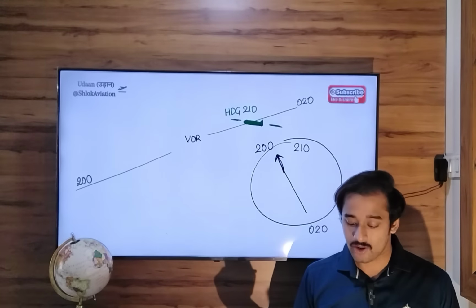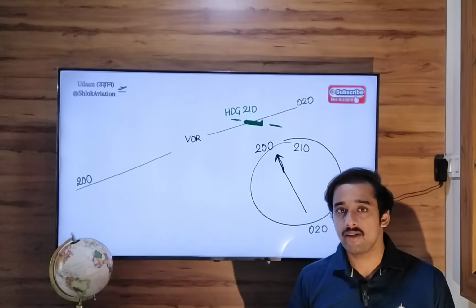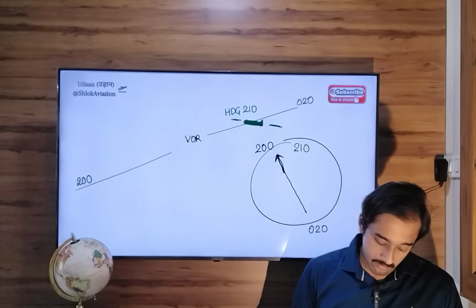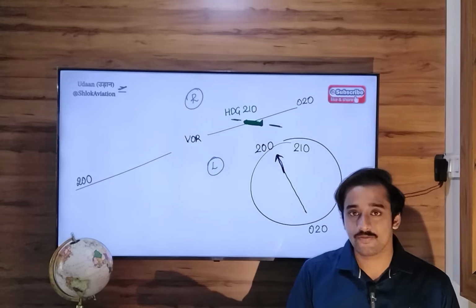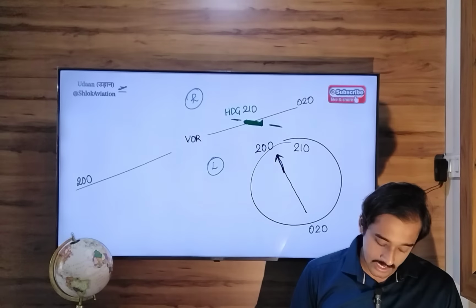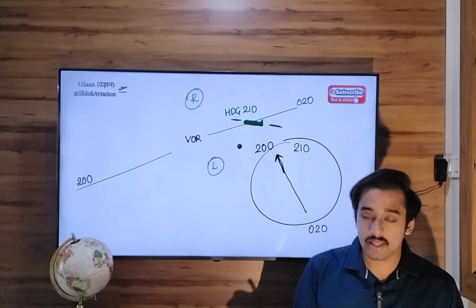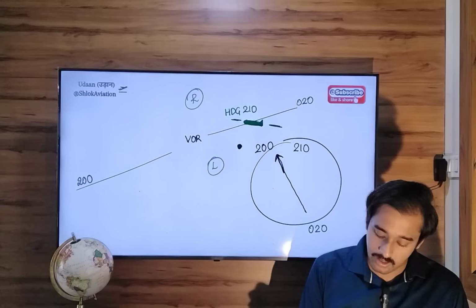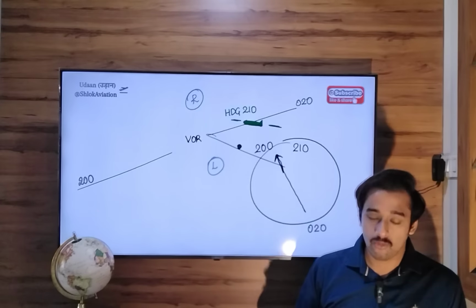But now we are not on radial 020 exactly or accurately. We are deviated to the left hand side of it. Now going inbound, this becomes your left hand side and this becomes your right hand side. So if we have deviated to the left hand side, that means the aircraft is somewhere here, and at this position the radial passing through the position will be more than radial 020.